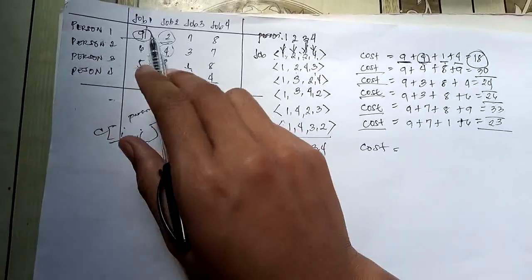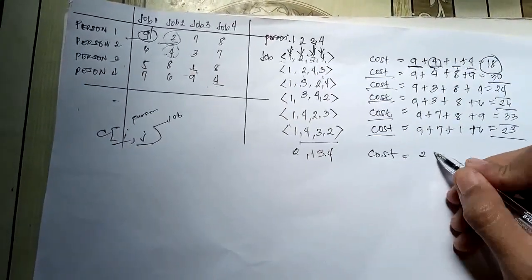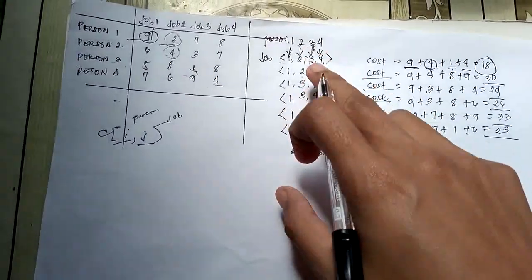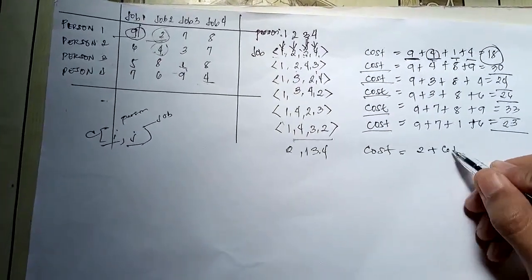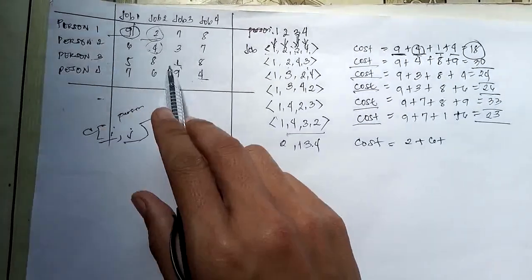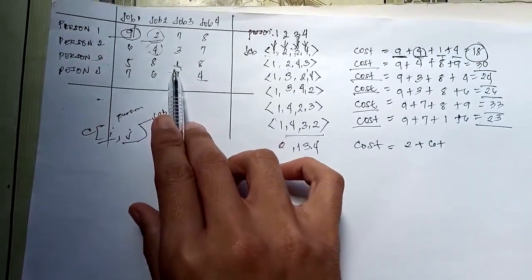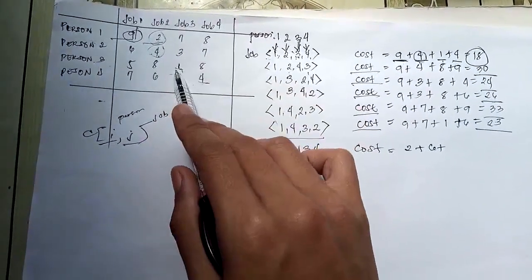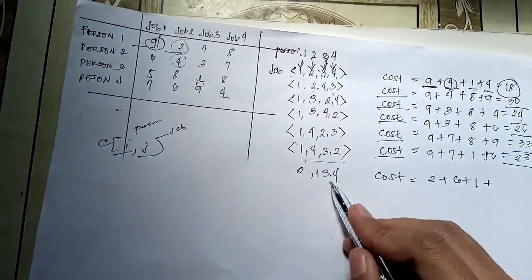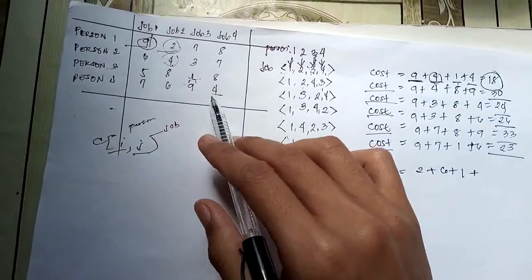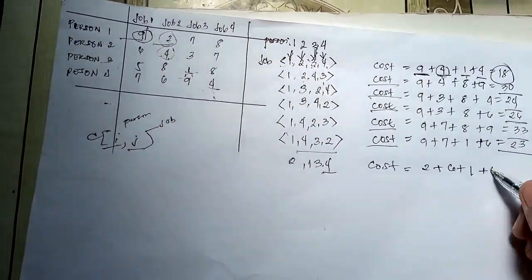Person 1 is assigned to job 2, so that is 2. Person 2 is assigned to job 1, which is 6. Person 3 is assigned to job 3, so that is 1. Then person 4 is assigned to job 4, which is 4.